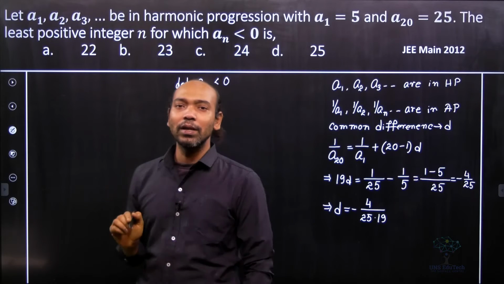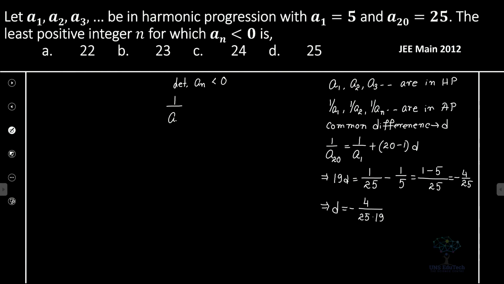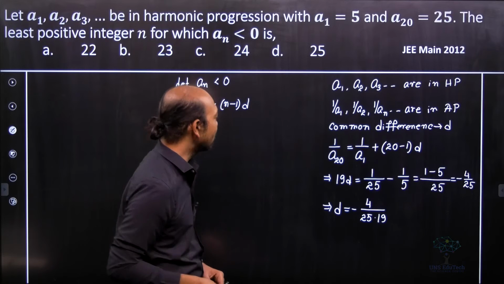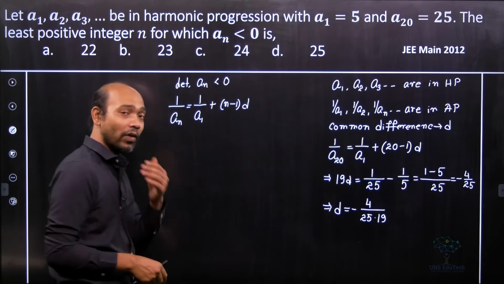We use the same relation for AP, the nth term for the respective AP series. That's 1 by AN is equal to A1 plus n minus 1 into D. So D, I keep as it is. Don't substitute it, because in that case we have to continue with this big number, which is very difficult.